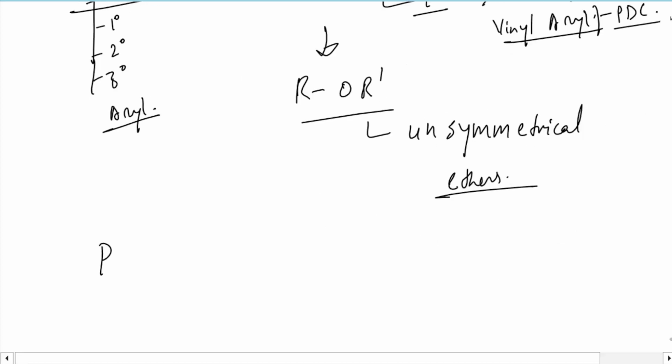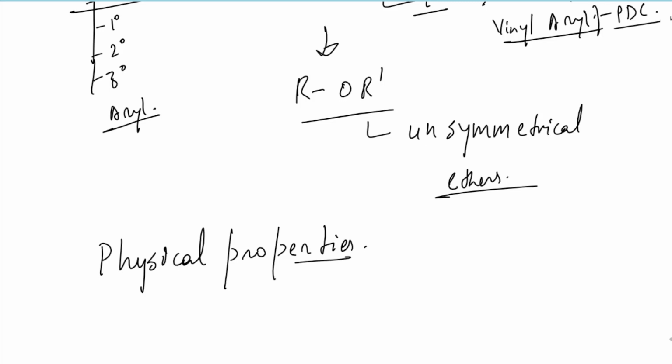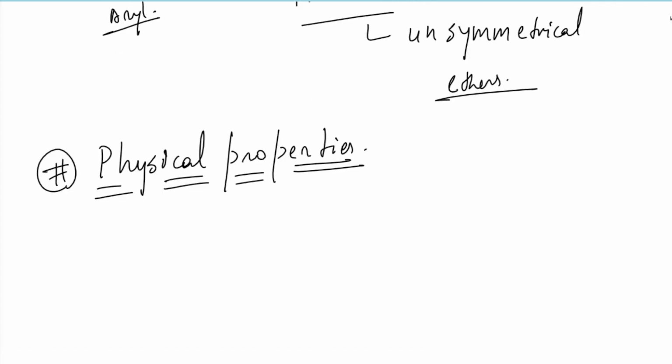Next is physical properties. Because of repulsion, they have a large bond angle.